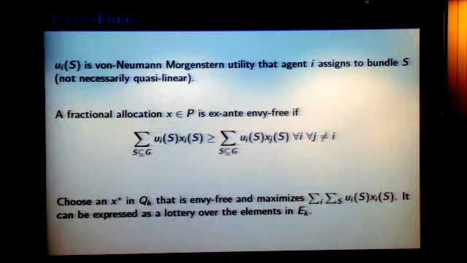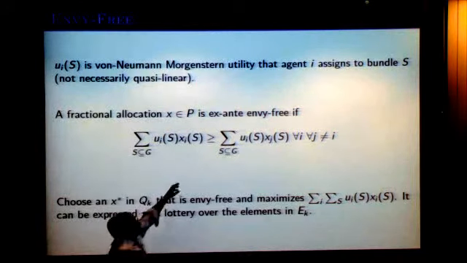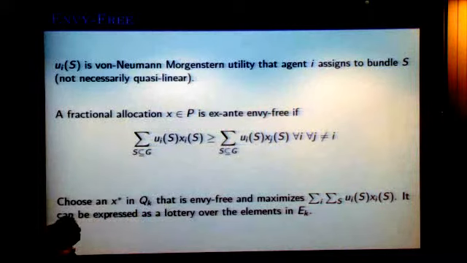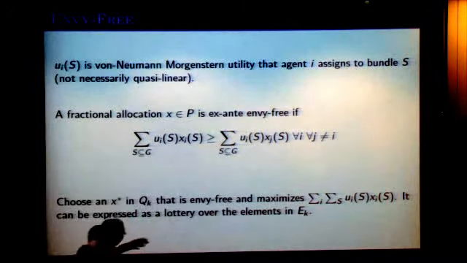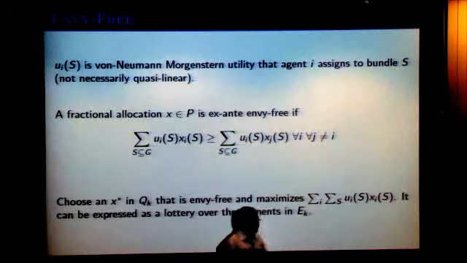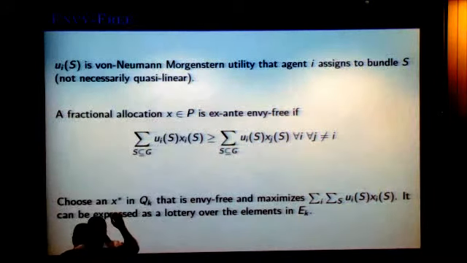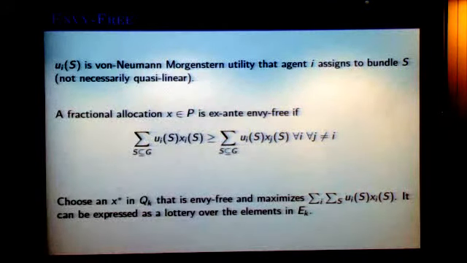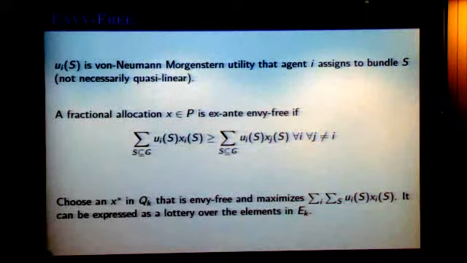Here's another one. Maybe you want an allocation that is envy-free, so you put in this constraint. Maybe you want, in addition, envy-free and maximize efficiency. You get a fractional solution, and again, that lies in that polytope. So again, you can express it as a lottery over integer allocations, which give you the same efficiency and ex-ante envy-freeness at the cost of violating the capacity constraint by k minus 1.